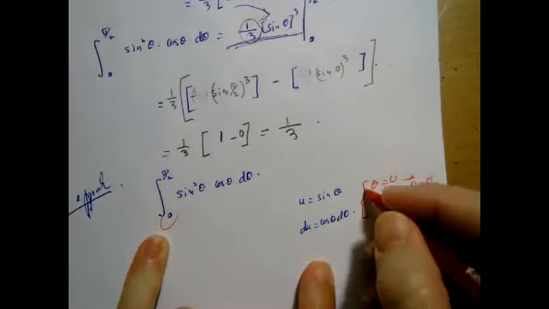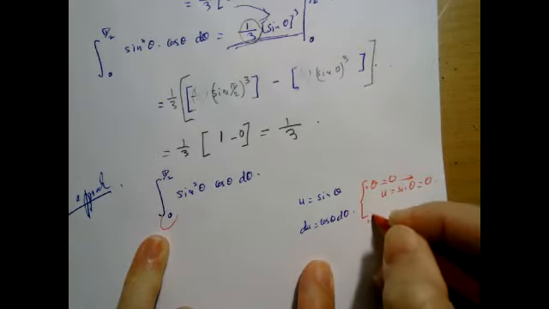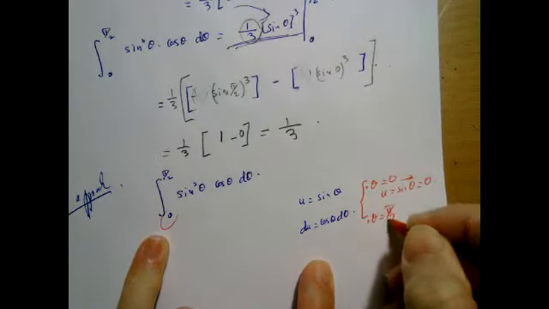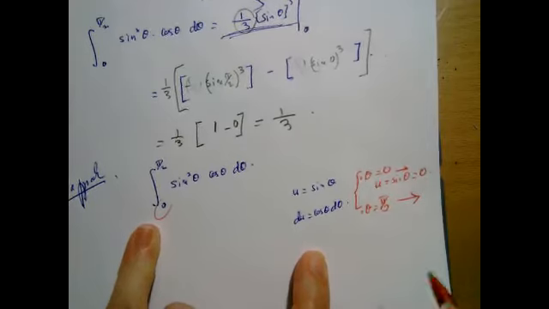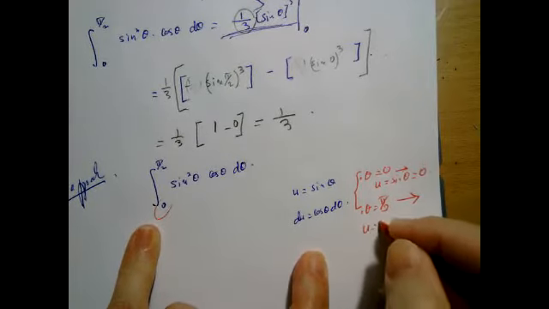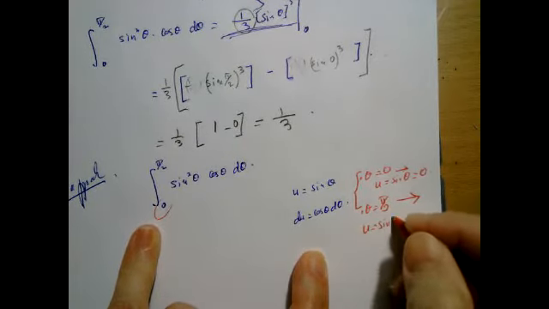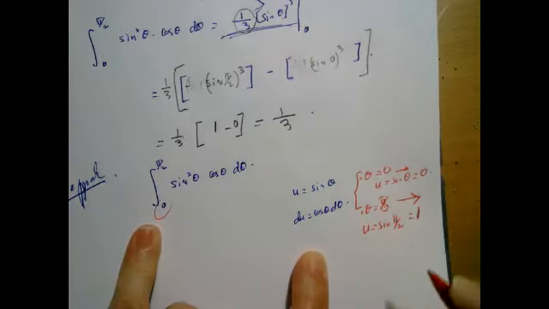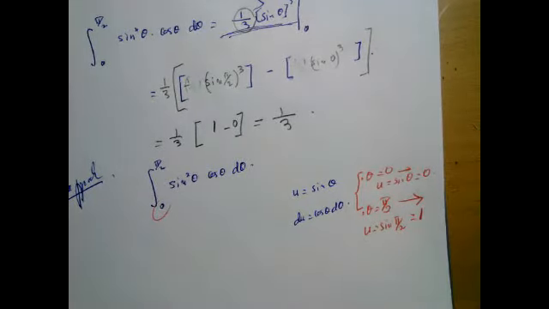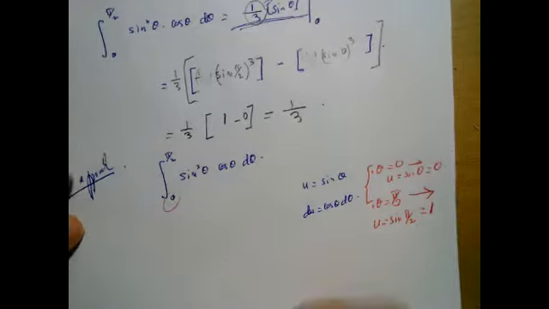Now, for theta equal pi over 2, my u is the sine of pi over 2, which is 1. And now I substitute, but also I substitute the limit.